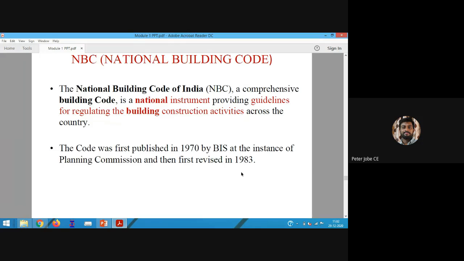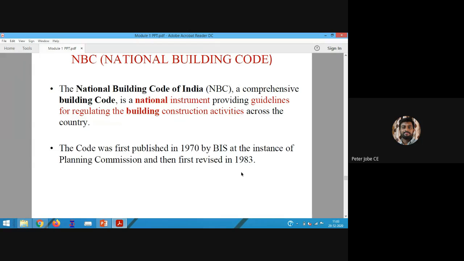So wherever we are in India, wherever we are going to construct a building, we'll have to refer to the National Building Code. There are some specifications and basic dimensions mentioned in NBC, so we'll have to refer to NBC before we plan a building.